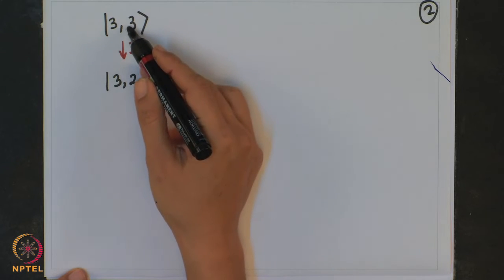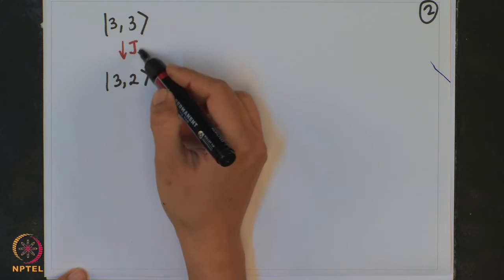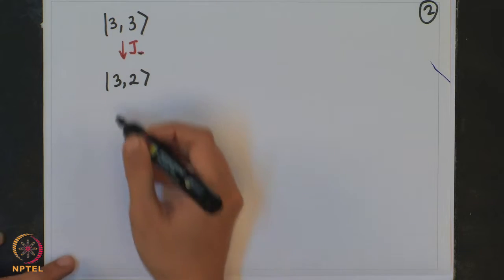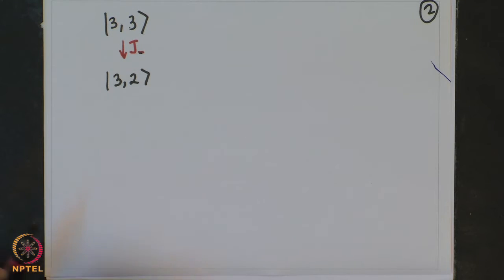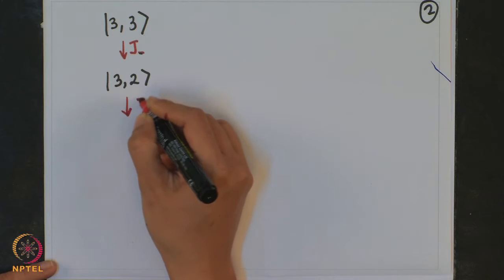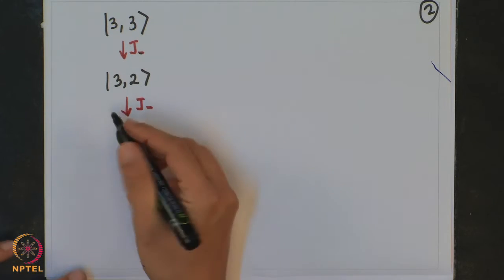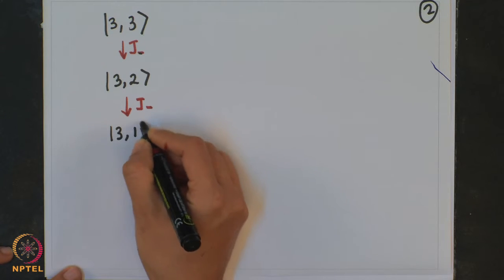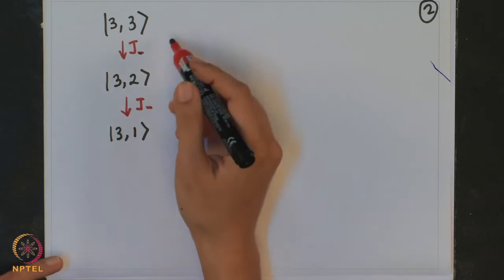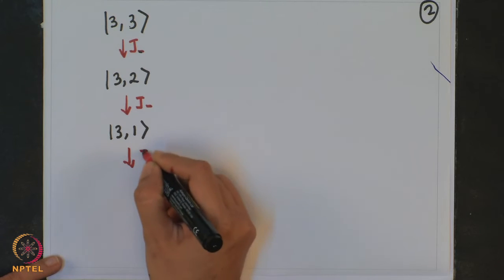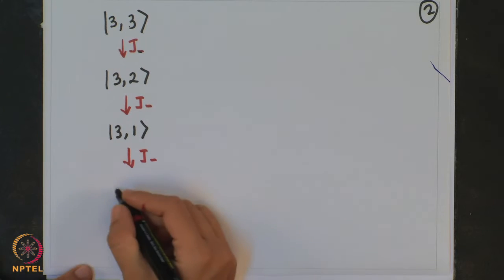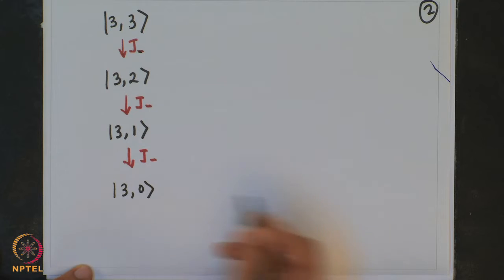So, when you apply the ladder operator J minus, you obtain the next lower state. You again go to the next lower state by applying it. So, repeatedly I am applying the ladder operation, this will give me 3 comma 0.